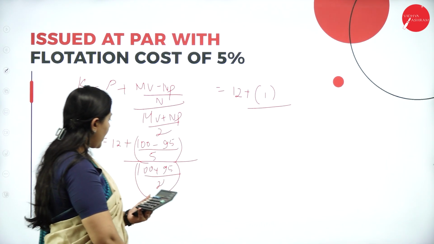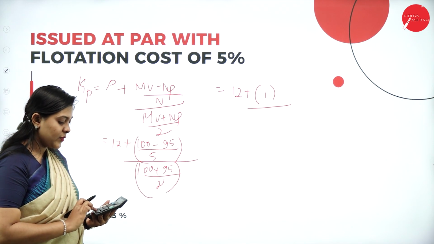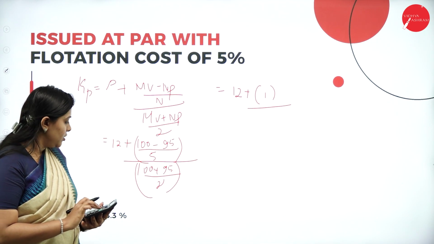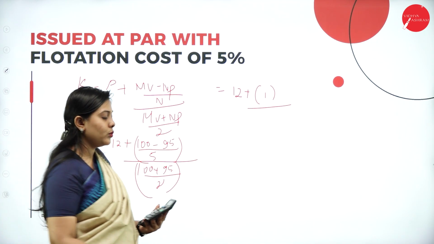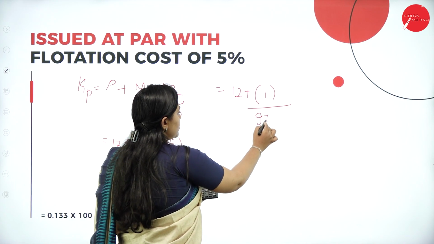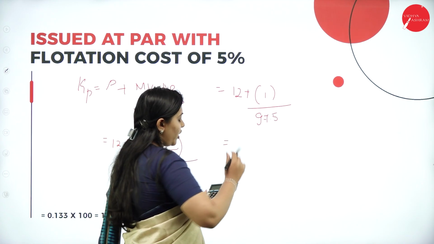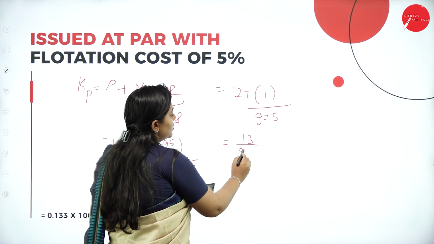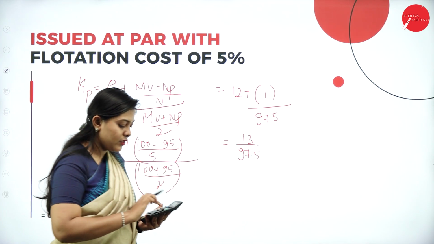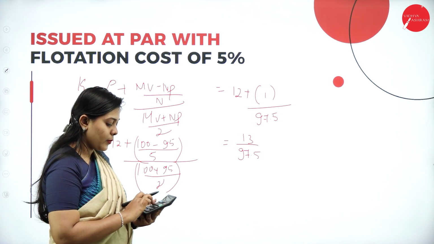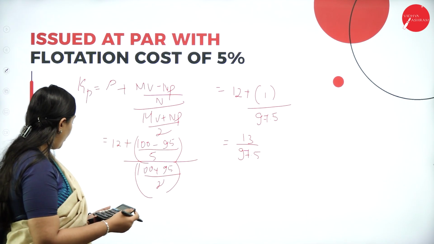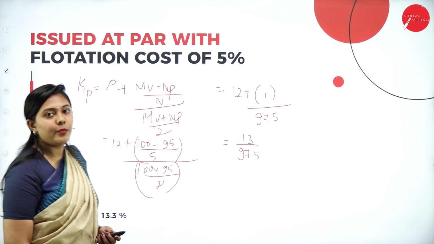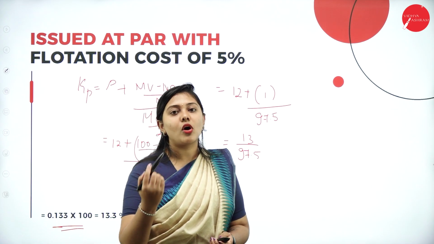What is the second bracket we have? 100 plus 95, 195 divided by 2, it is 97.5. So 12 plus 1, 13. So 13 divided by 97.5. The answer you get is 0.133. If you convert that into the percentage, it will be 13.3%.